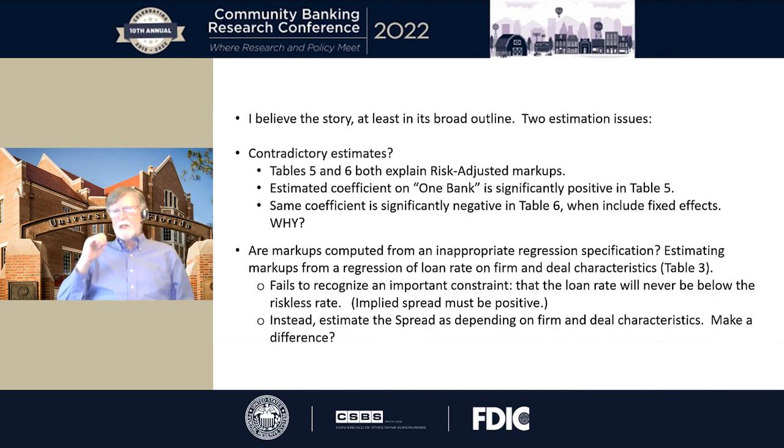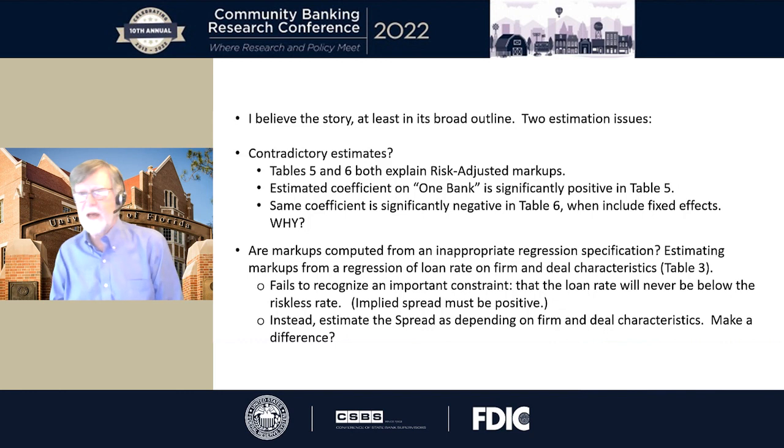If he were regressing the markup, the loan rate relative to the similar maturity treasury rate, or relative to the Fed funds rate, then I wouldn't be worried about this. But it seems to me that this specification allows the markup to be negative, because there's nothing in this regression that says that the loan rate minus the markup has to be above the riskless rate of interest.